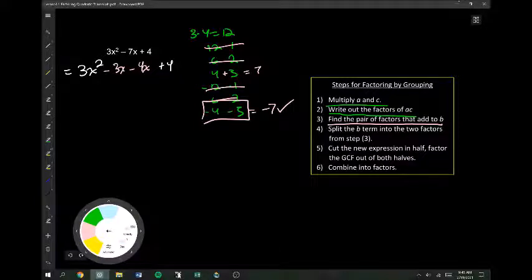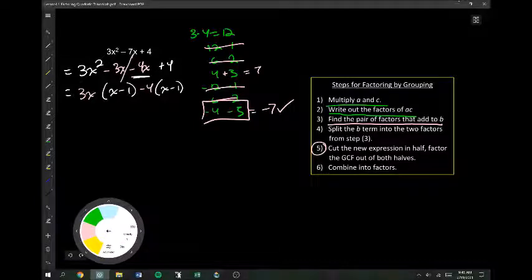Okay, I'm going to slash this in the middle, cut it in half, and factor the GCF out of both halves. This is me doing step 5. Well, on the left half, I can pull out a 3x, leaving me with x minus 1. On the right half, I can pull out a negative 4, leaving me with x minus 1.